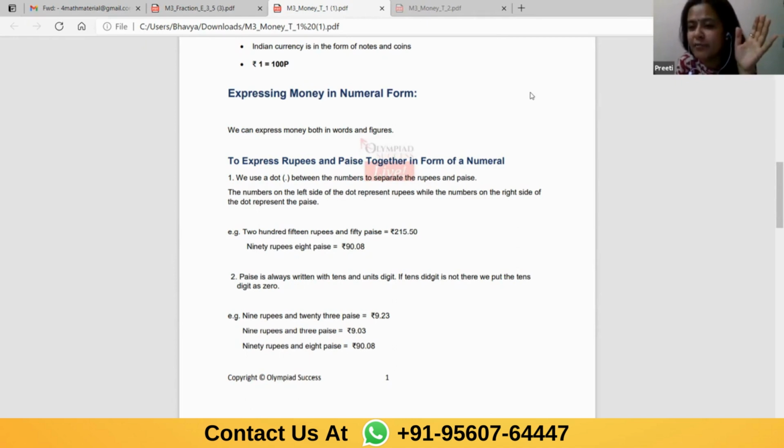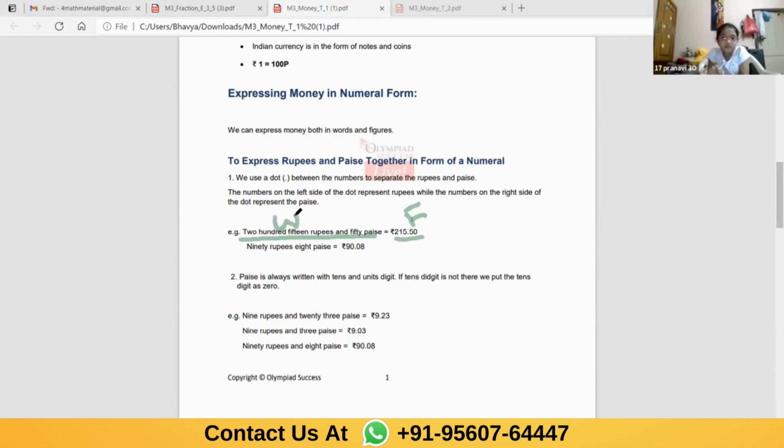Did I teach you word form when we were doing the first chapter, number system? In number system, I must have taught you word form, then numerical form and expanded form. Yes, ma'am. See, this is numeral form, and this is word form. So I say this is in figures, this is F, and this is in word form, this is W.